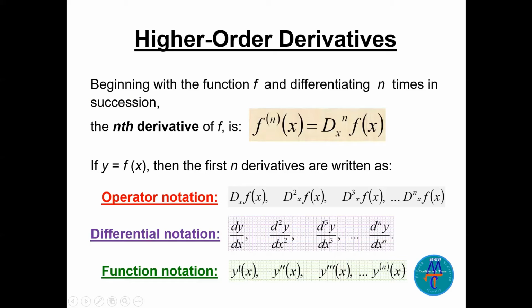So we can write here y prime of x, dy over dx. That's the first derivative. Dx of f of x. So the first derivative of f. Dy over dx, also the first derivative of y, and y prime of x, and the same for the second derivative, third derivative, until we reach the nth derivative.